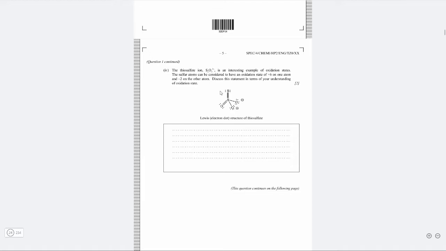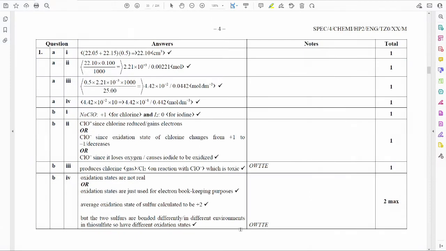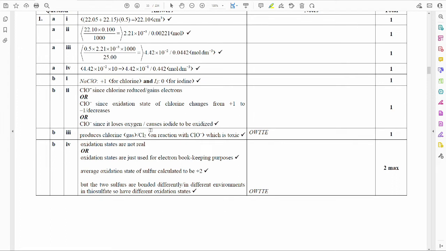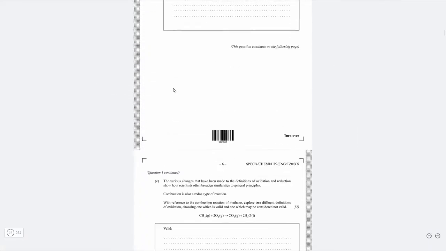So it's just a way we understand how electrons are distributed within the molecule. We can look at the arguments they state. Oxidation states are not real, just used for electron bookkeeping purposes. Average oxidation states, bonded differently. Well, a bit of a weird question. Next one.